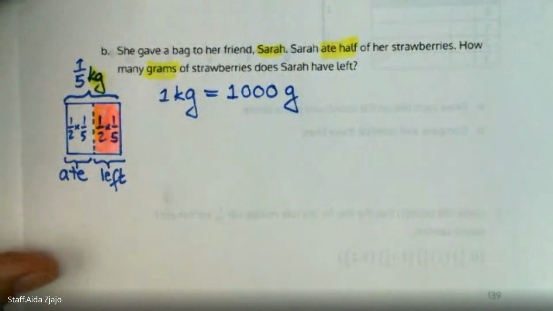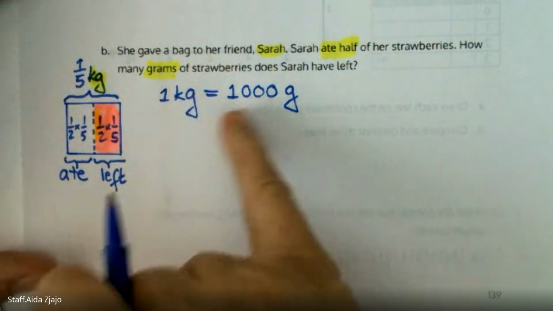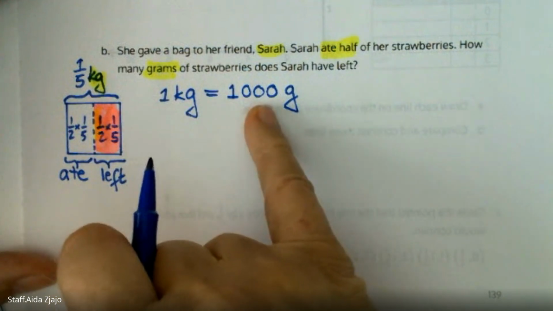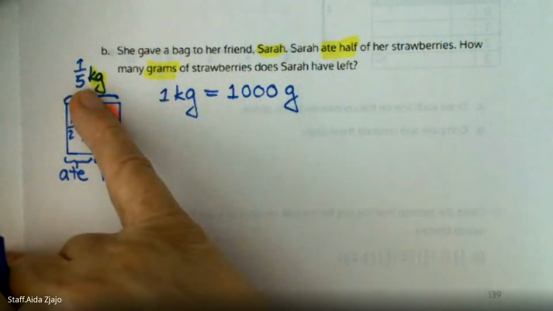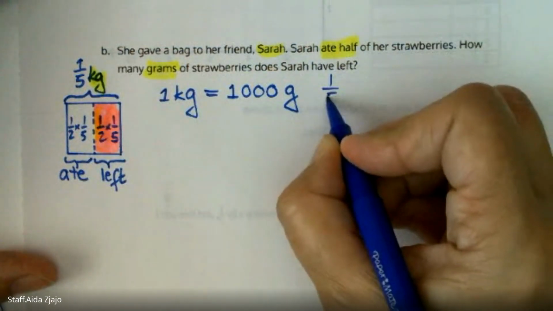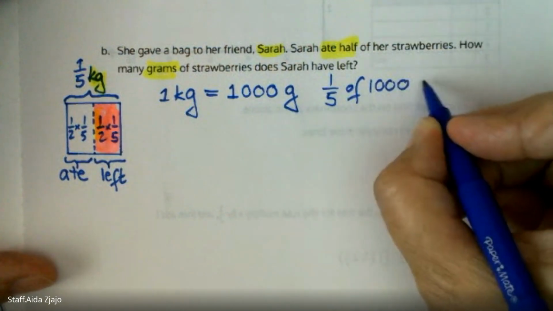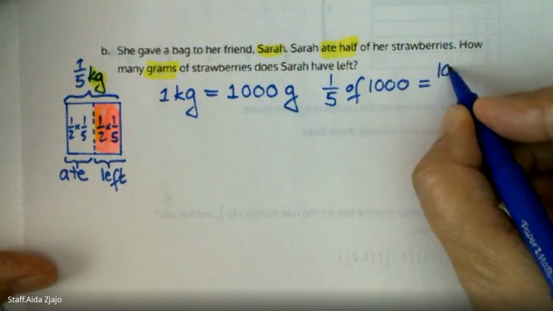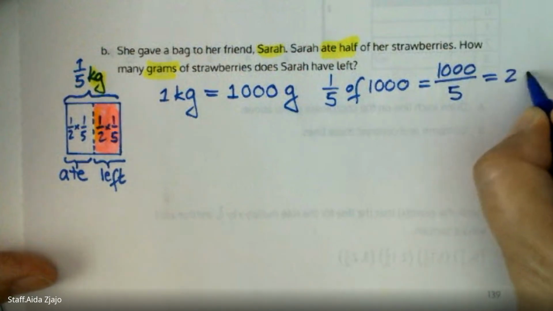So if we want to know what would be 1/5 of 1,000, we need to divide 1,000 by 5. 1/5 of 1,000 would be 1,000 divided by 5, which is 200.